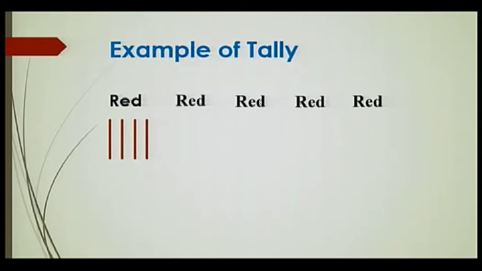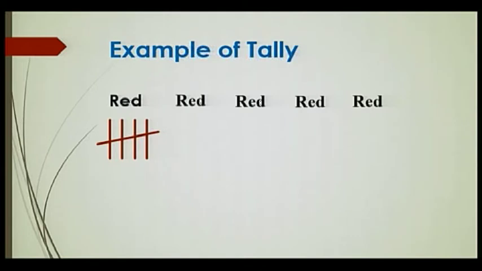Now, if I see red again a 5th time, I'm not going to put a vertical bar, but I'm going to put an inclined line, as you can see here. So this is going to represent 5. Whenever you see this, you know that there are 5 of any item. For example, here we have 5 times the word red.